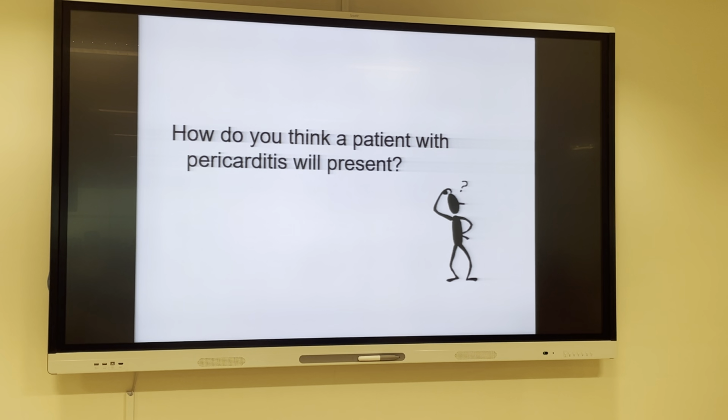So we treat him with 3 things. One is high dose NSAIDs. It's always going to be high dose. Usually if you had a headache, you get ibuprofen 200 milligrams. If you have this pericarditis, the treatment is going to be 600 milligrams 3 times a day for 2 weeks. So high dose. Number 1. Number 2 is what?